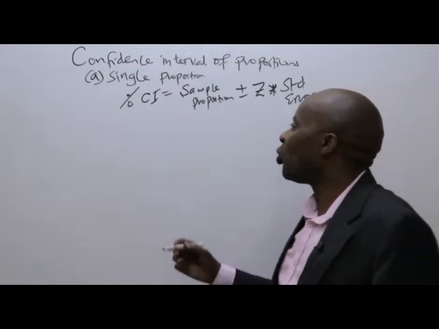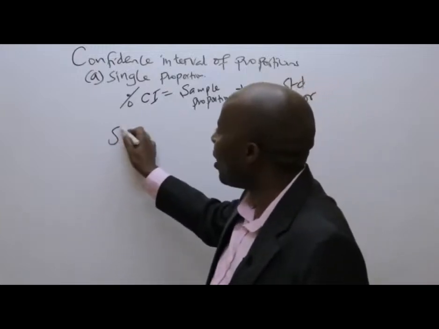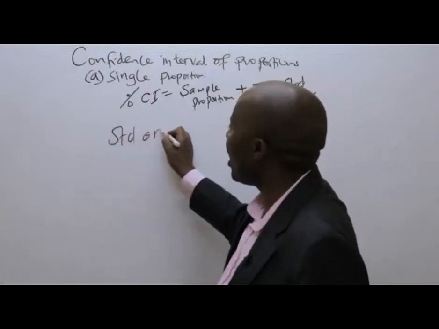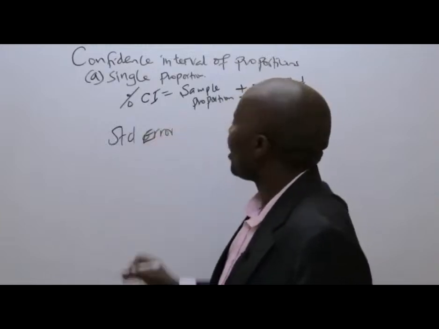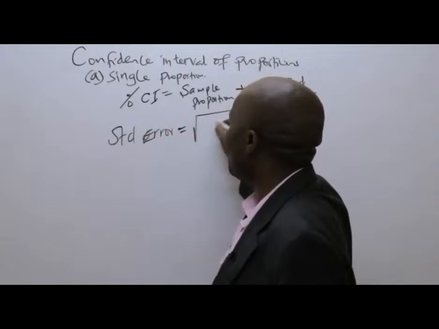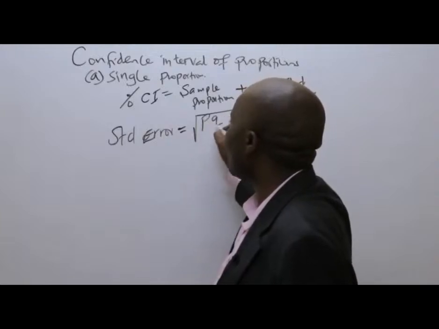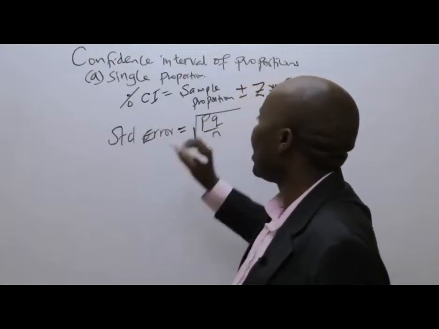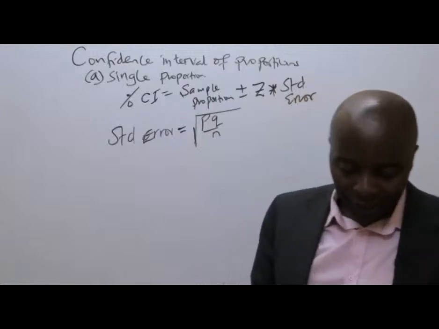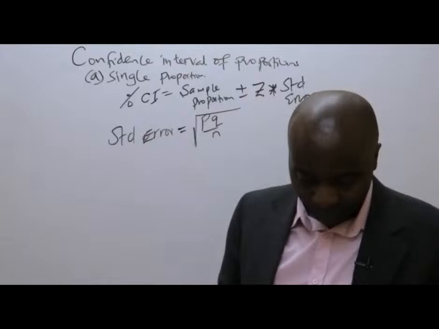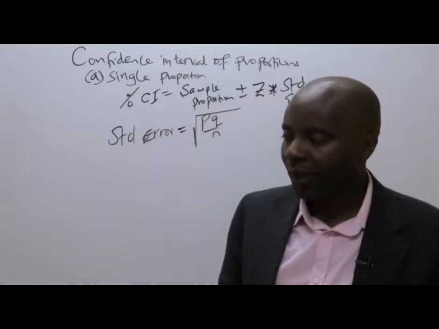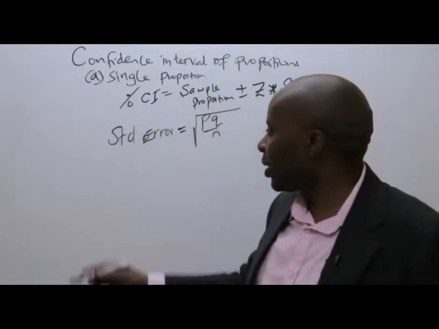But now, how do we get the standard error in situations where we have proportions? To get the standard error here, we'll be taking P multiplied by Q all over N, all over N. Ladies and gentlemen, this is quite important.